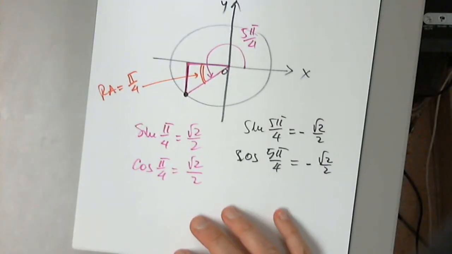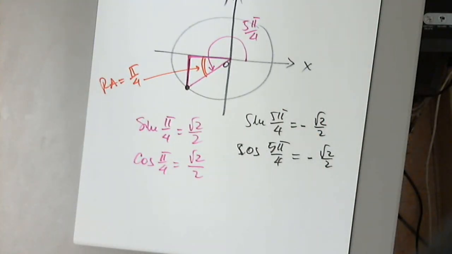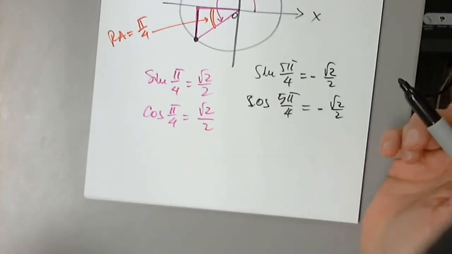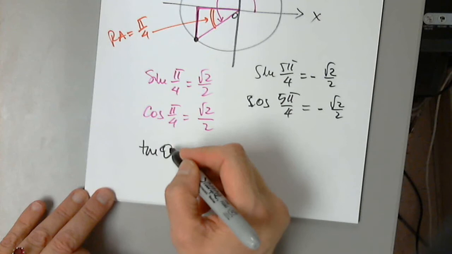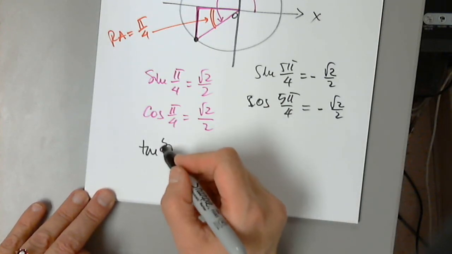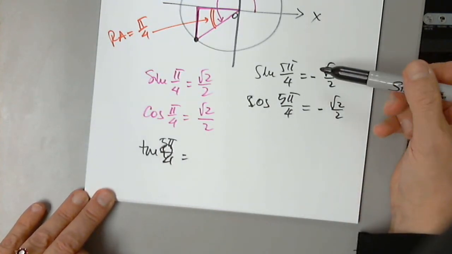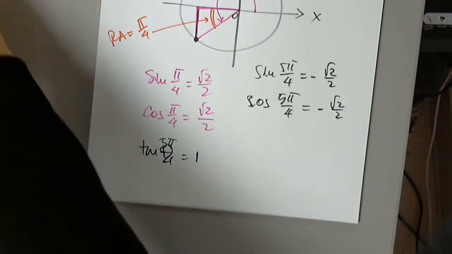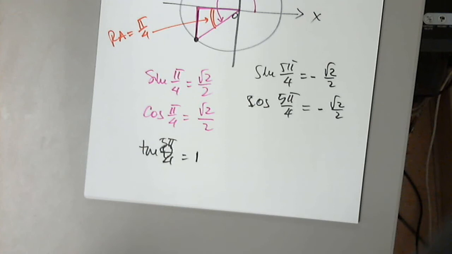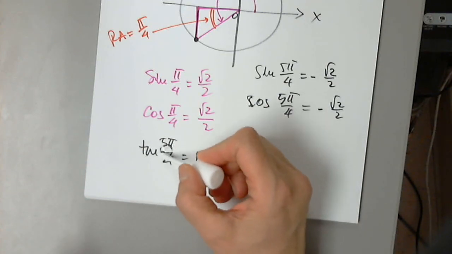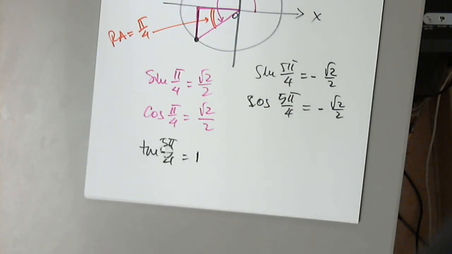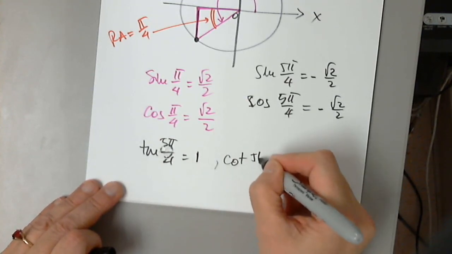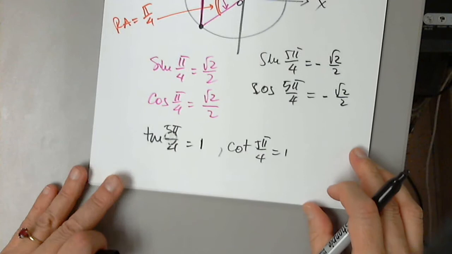So in this case, the question is asking us to also determine the other trig functions. Fine. I know that tangent of 5 pi over 4 is sine over cosine. So this must be 1. What about cotangent of 5 pi over 4? Yes, cotangent of 5 pi over 4 must be 1.